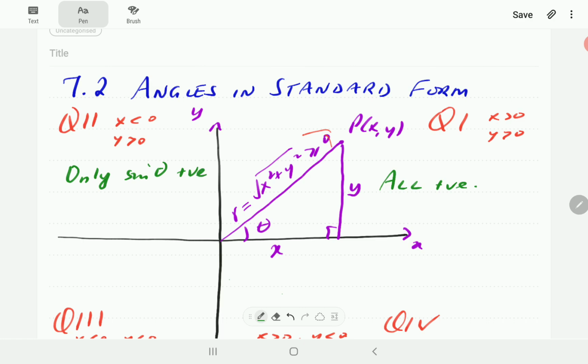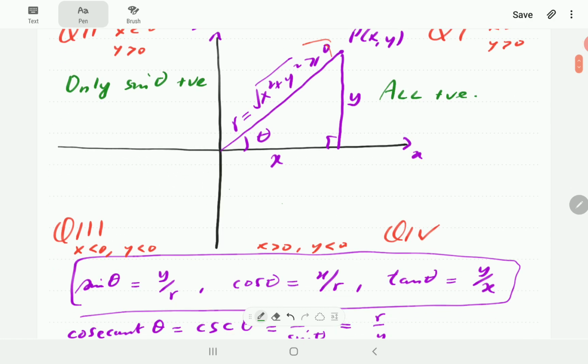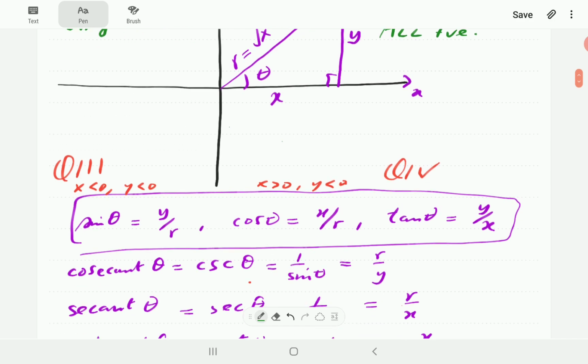Only sine theta is positive. In the third quadrant, both x and y are negative. So this is going to be negative, this is going to be negative, but this is going to be positive because we're dividing a negative by a negative. So in this quadrant, only tangent theta is positive.